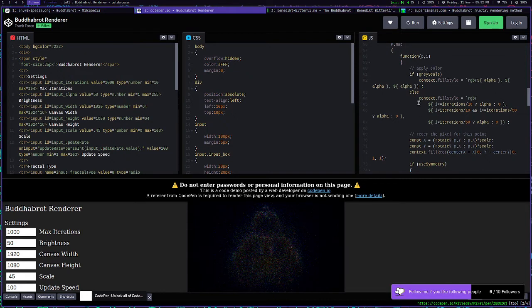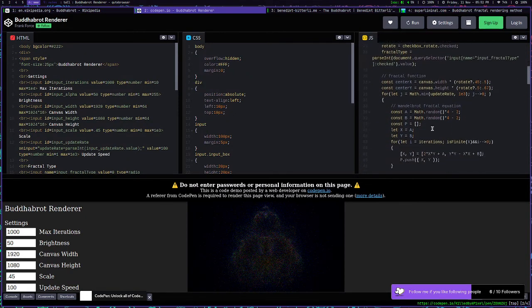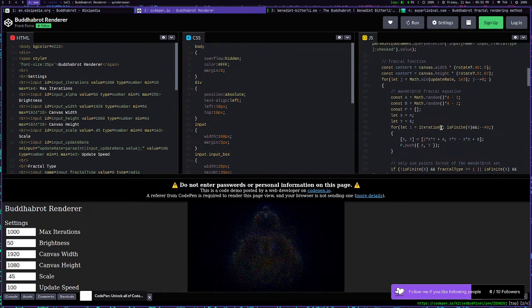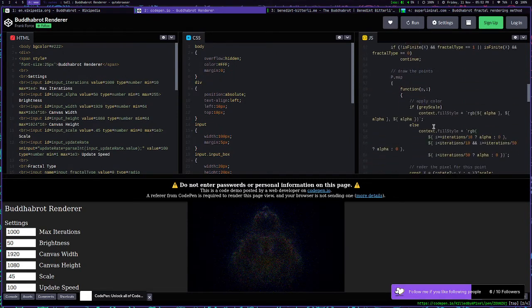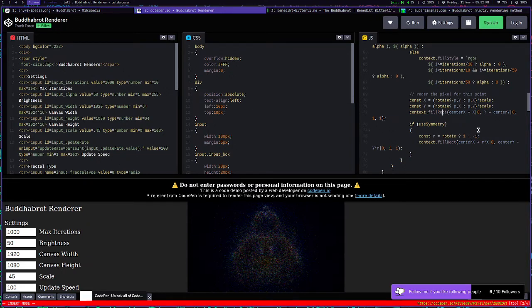This is just the coloring bit. Doesn't matter. Iterations. Yep, this is the Mandelbrot calculation. Mandelbrot fractal equation. Yes. Rendering the pixel. Oh, it draws a rectangle of 1 pixel.